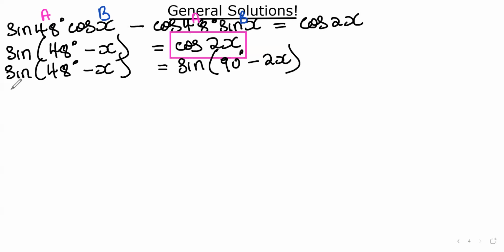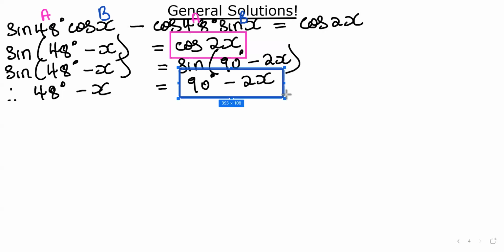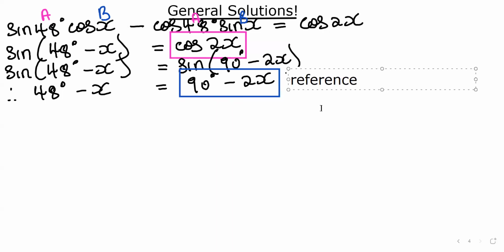So in other words, you just drop the functions and focus on the inside angles, and you say they are equal to each other. I want you to know that what you have on the right-hand side is actually called the reference angle. Very important.